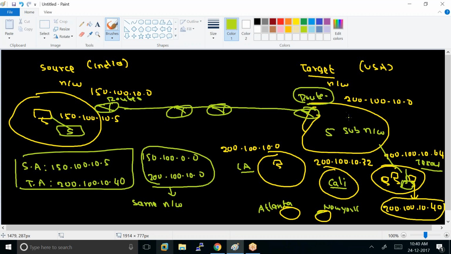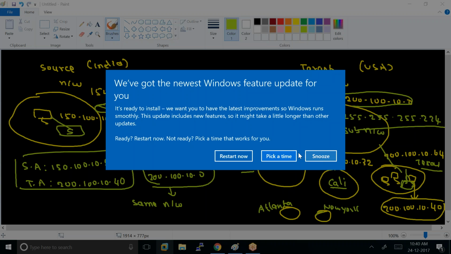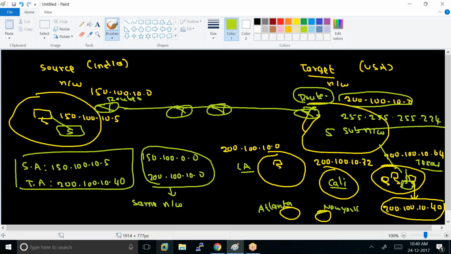How will it apply the mask here? You know, we have a subnet mask here. Okay, this is your network address. We have computed the subnet mask. What is the subnet mask? 255.255.255.224. According to our requirement, we have computed the subnet mask, so it will apply it on top of it.